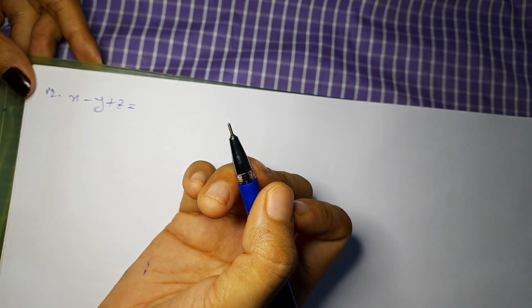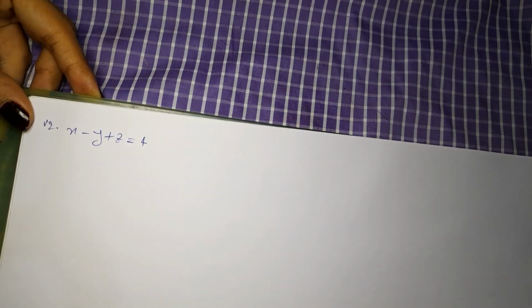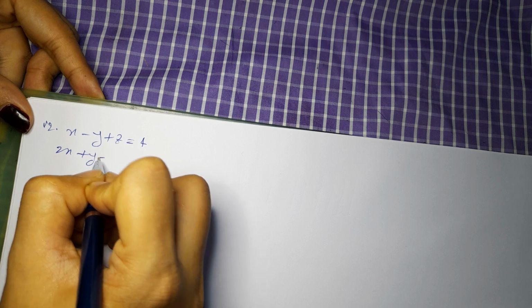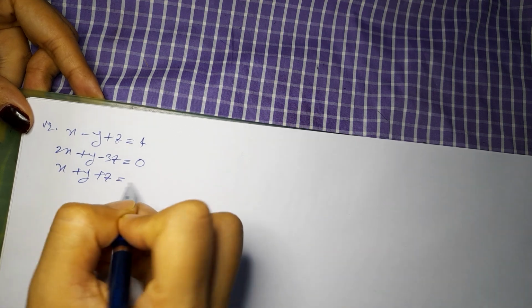In question number 12, the given equations are x minus y plus z equal to 4, 2x plus y minus 3z equal to 0, x plus y plus z equal to 2.